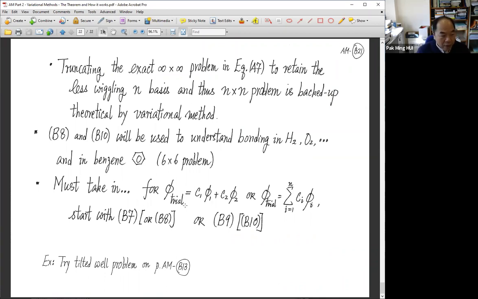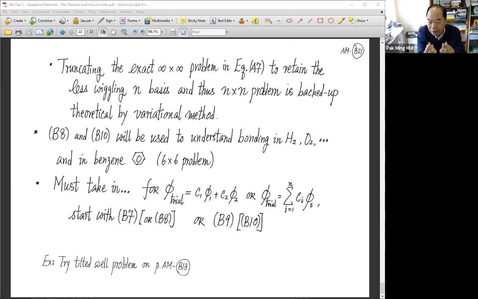Occasion number 1, the H2 molecule. Last time I drew this example, you have hydrogen atom 1, hydrogen atom 2. You only want to consider the ground state of this molecular situation. You don't care about some higher energy states. How could you form a wave function for the molecule?